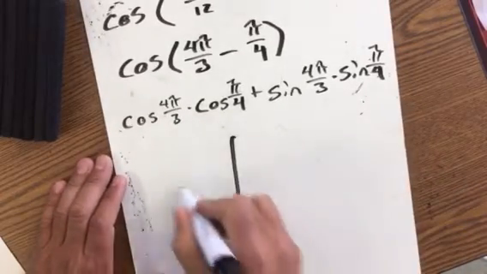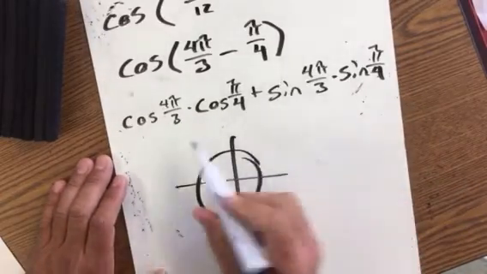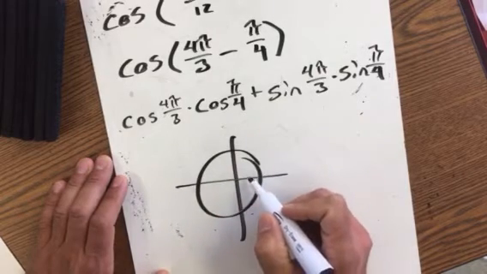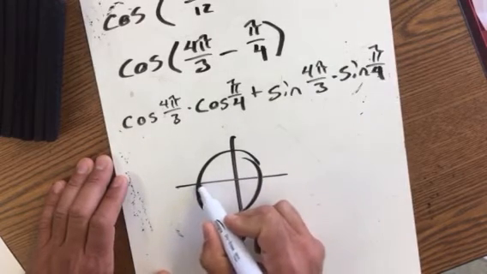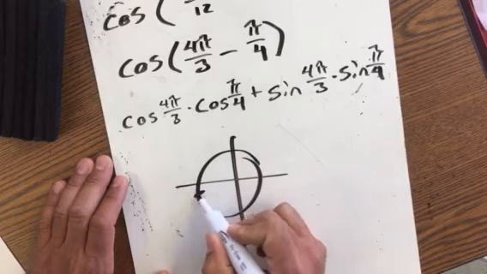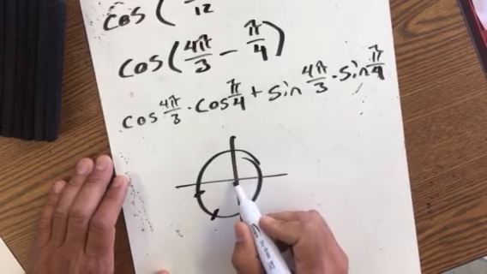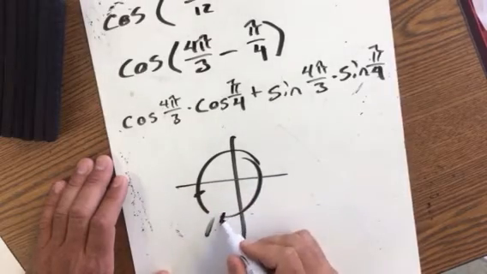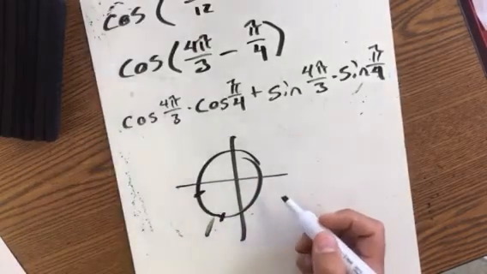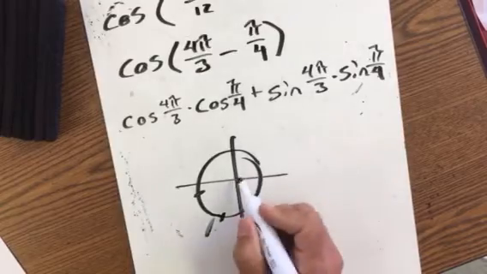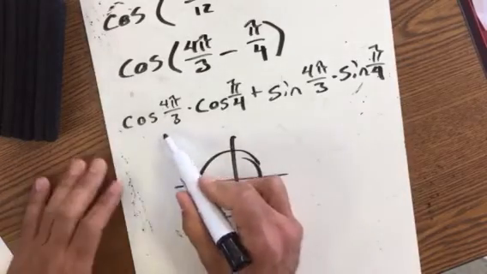So again, on my unit circle, help me out. 4 pi over 3. This is 3 pi over 3. 4 pi over 3 is right here. So my cosine is, well, it's really more like right here. My cosine is negative 1/2.